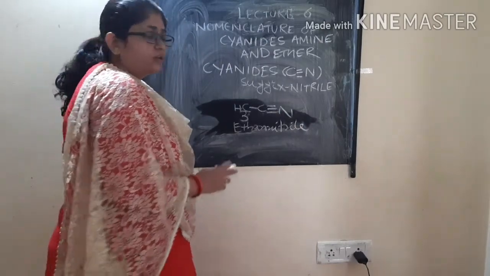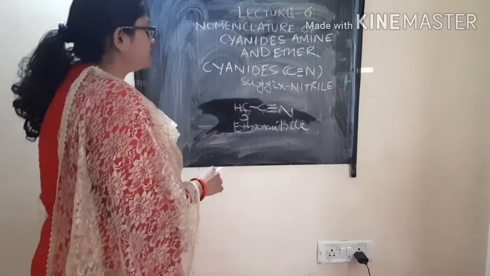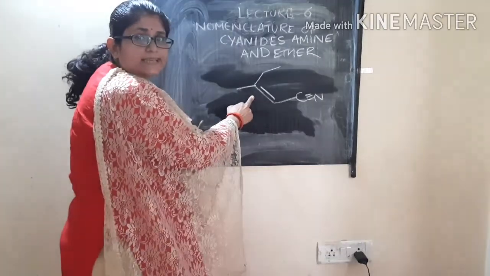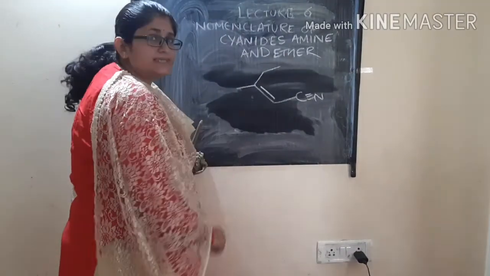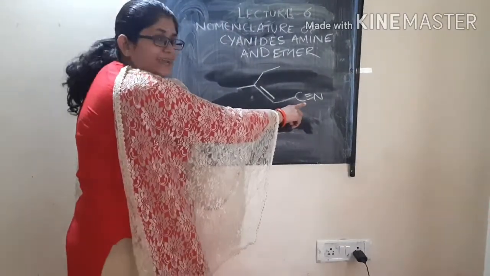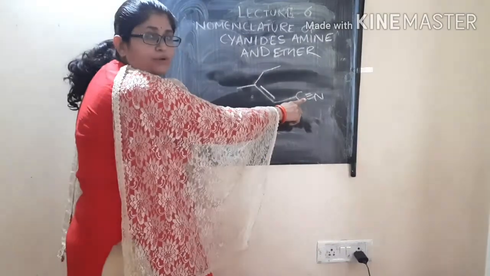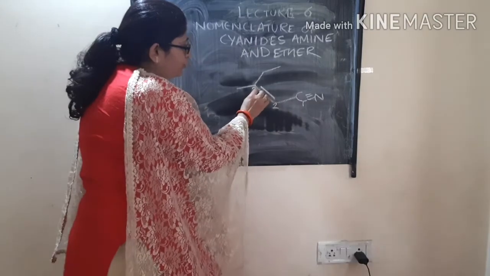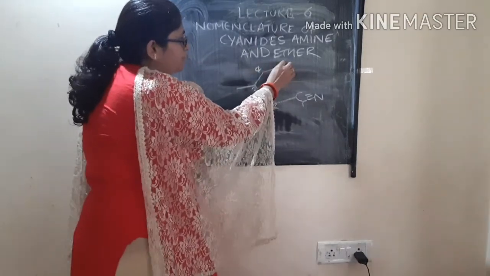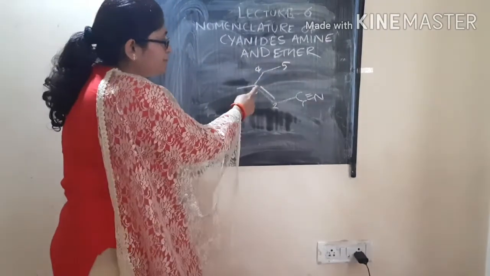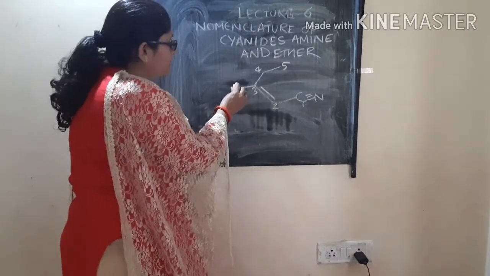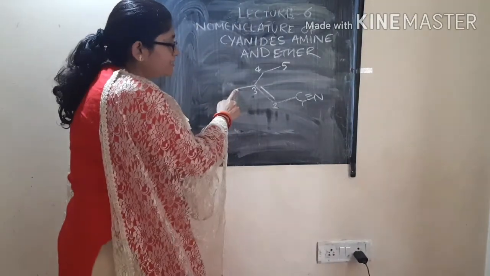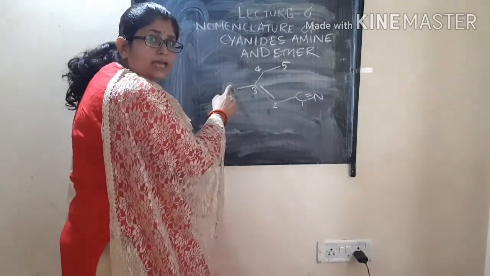Okay, students. Let us do some complex examples. Let us take this example. In this example, you can see that CN is at one end, so we will start the numbering from here since it is the functional group. 1, 2, 3, 4, 5. Understood? There is a substituent at the third position, that is methyl. If nothing is given, you should understand it is a methyl group.